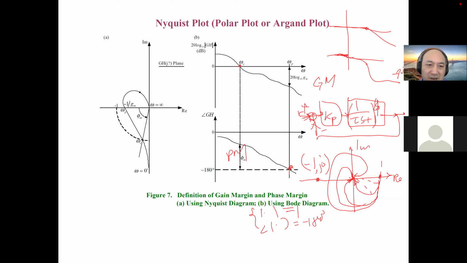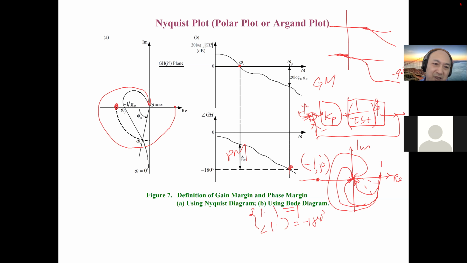Next, the theorem says that if you don't encircle this point, the system is stable. But if somehow your curve goes like this and encircles this point, the system is unstable.